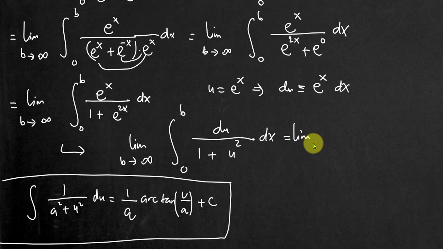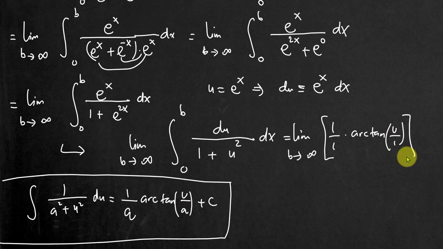So I still have the limit as b approaching infinity, and I have 1 over a, which is 1 over 1, and arctangent of u over a, which is u over 1. Then from here I can simplify the whole expression again. Make sure that before you find the limit, you need to substitute u back to x.